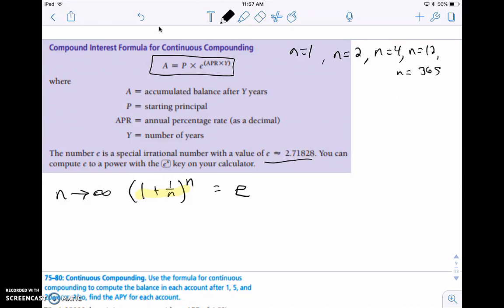Not something you necessarily have to remember that it's called Euler's number, but if you're wondering, his name is spelled like this, Euler. It approaches E, which is approximately 2.71828. So that's where we get this formula for compounding interest continuously.